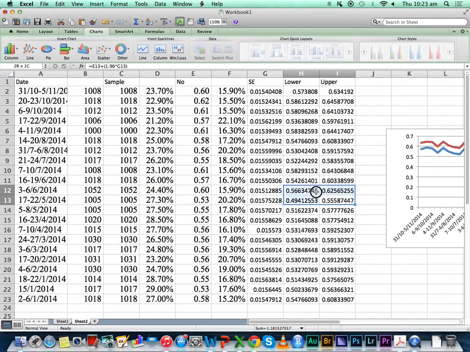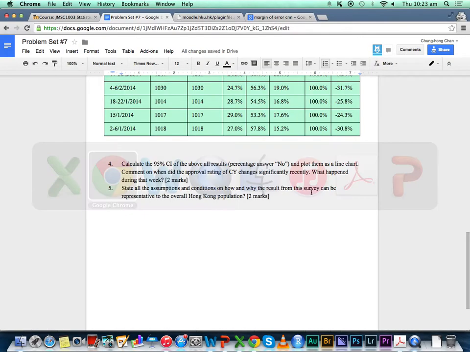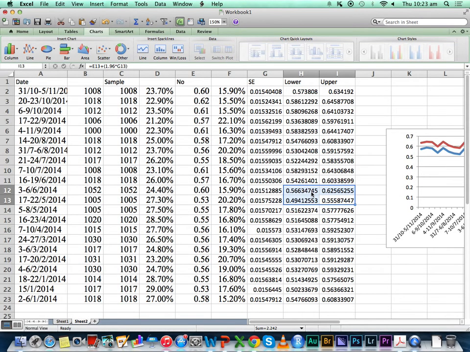And it is for you to find out what happened during that week. You can see that CY's approval rating hasn't changed much from that week up to now.